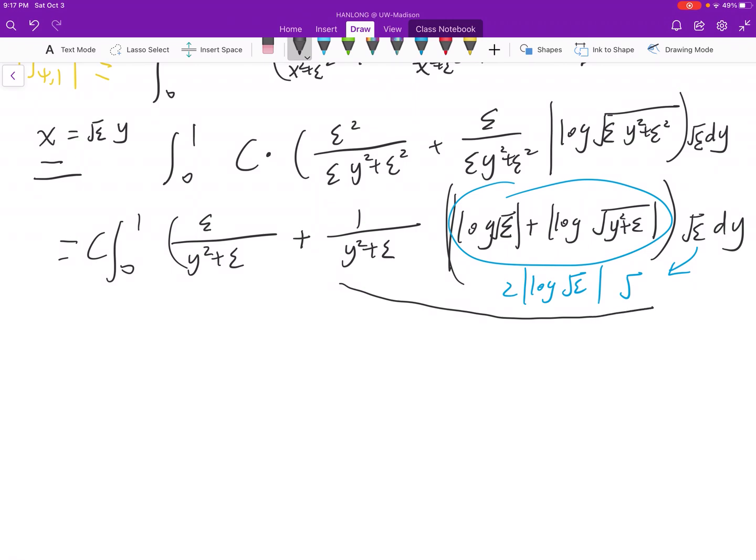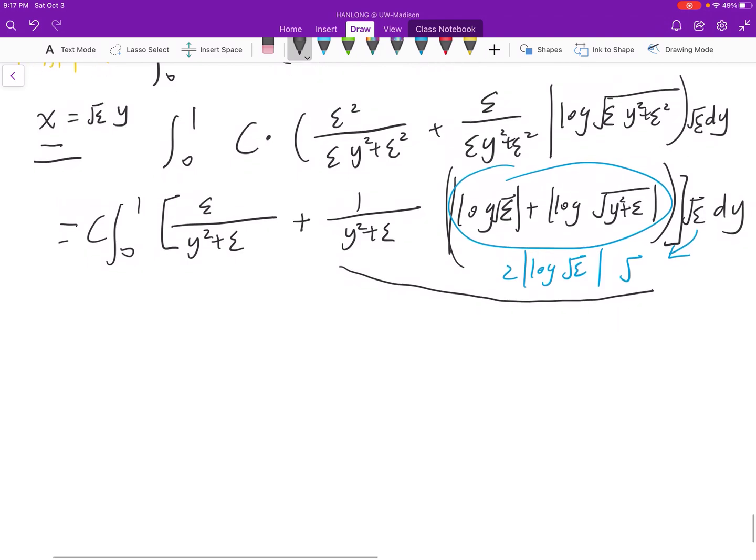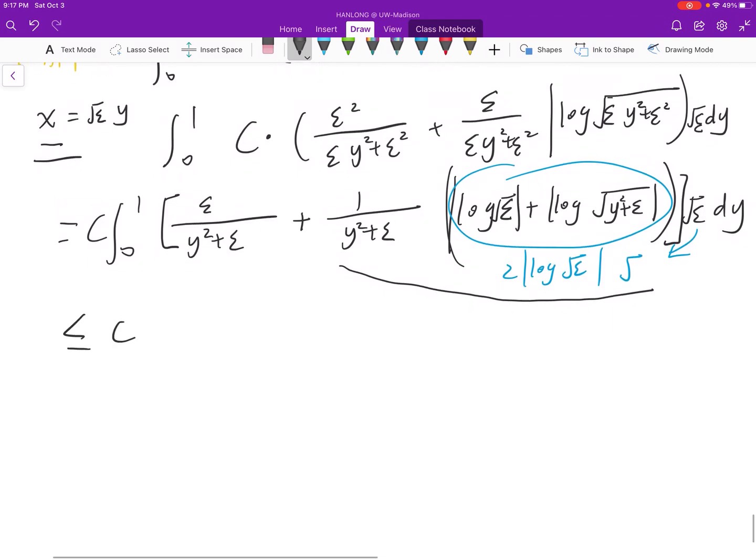Okay, and then you have the square bracket. And of course, this will be less than the integration from 0 to 1 of 2 log, some constant we can omit.